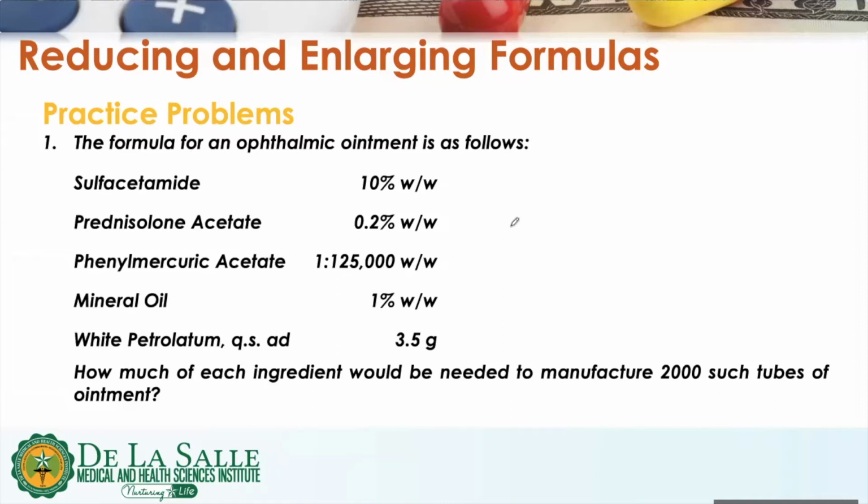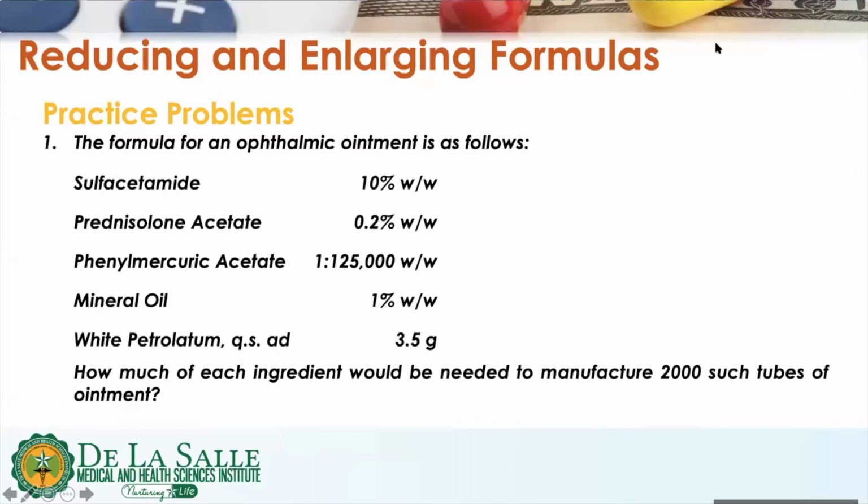Sulfacetamide, 10% weight in weight, prednisolone acetate, 0.2% weight in weight, phenylmercuric acetate, 1 is to 125,000 weight in weight, mineral oil, 1% weight in weight, white petrolatum, QS add or quantum sufficient add or a sufficient quantity to make 3.5 grams. How much of each ingredient would be needed to manufacture 2,000 such tubes of ointment?